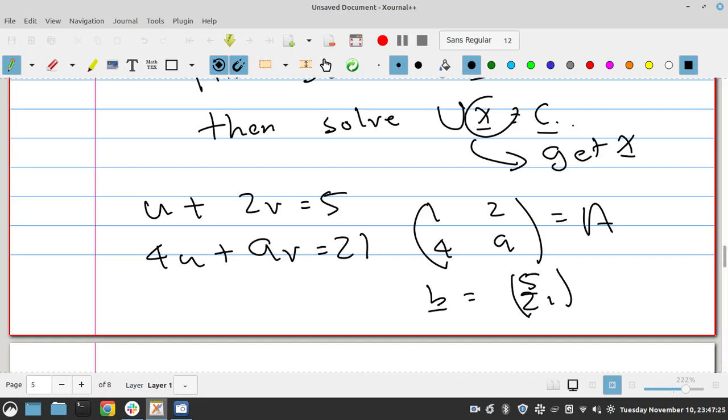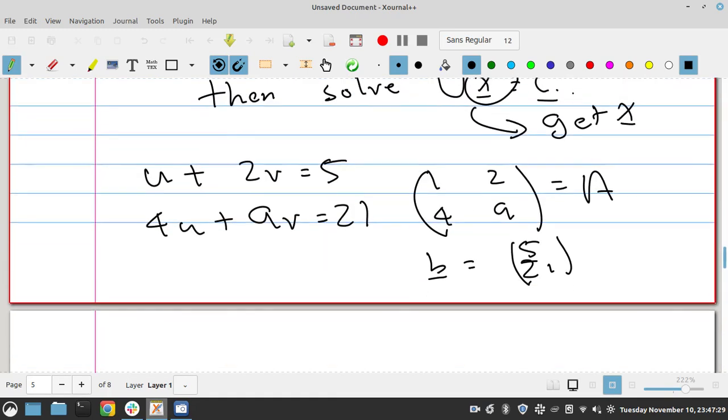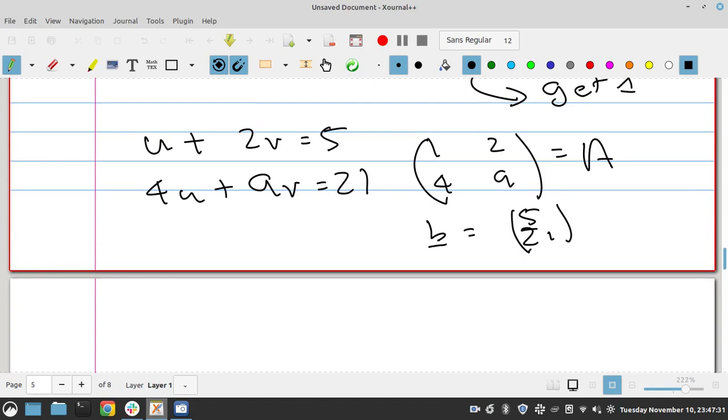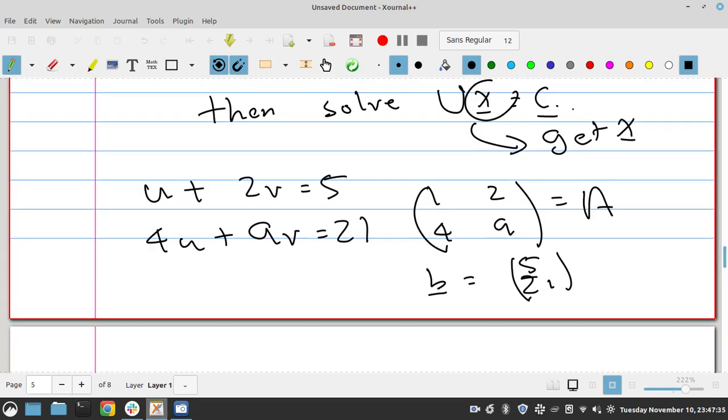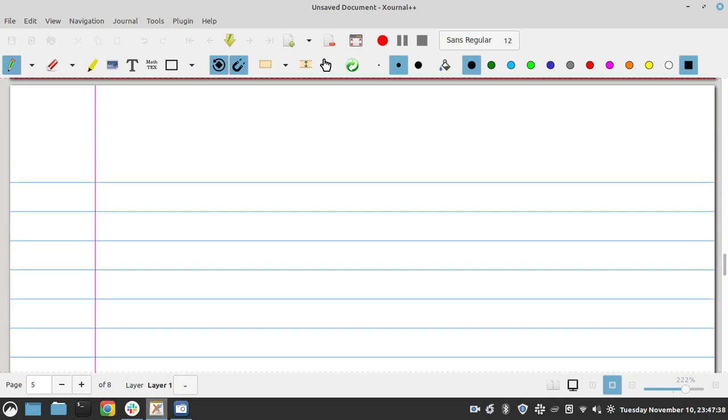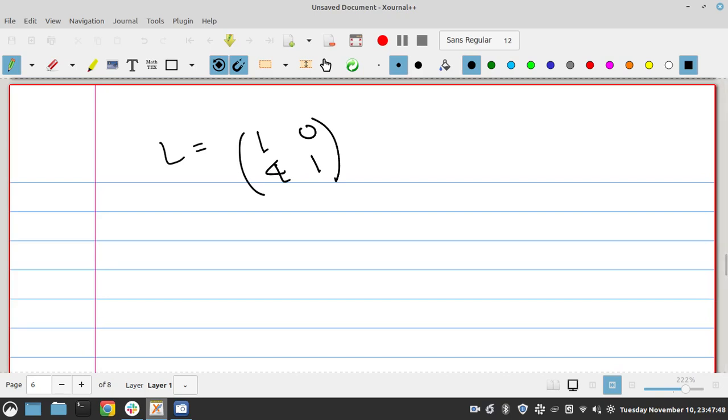Alright, the first thing I need to do is express A as a lower and an upper triangular matrix. Well, L equals 1, 0, 4, 1. This you have to work out by yourself.